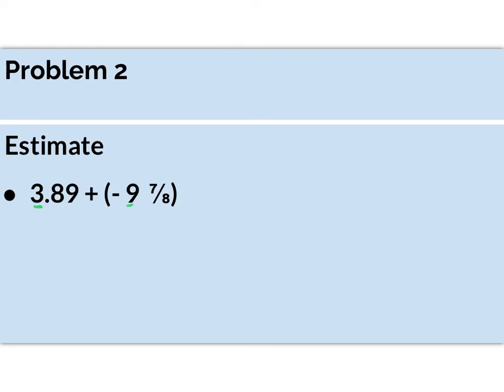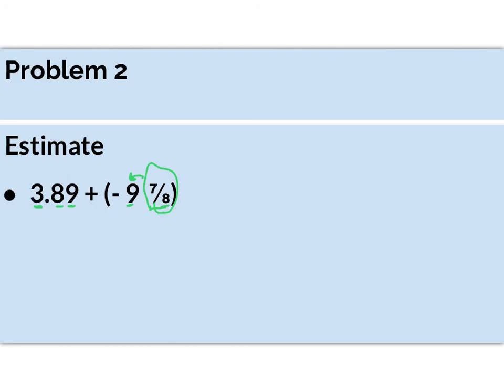I know I just said earlier in this video that you round to the next smallest place value, but you have tenths and hundredths, and then you have a fraction. 7/8 is going to be a number less than 1, and it's going to have tenths, hundredths, and maybe thousandths in it when you convert it into a decimal. But since this is a fraction and it's not in decimal form, I'm just going to round to the next lowest place value that I'm given. So I'm going to round to the ones.